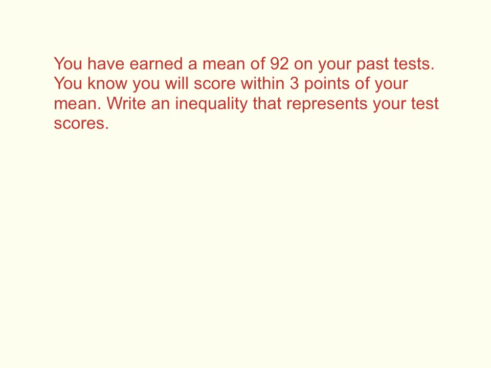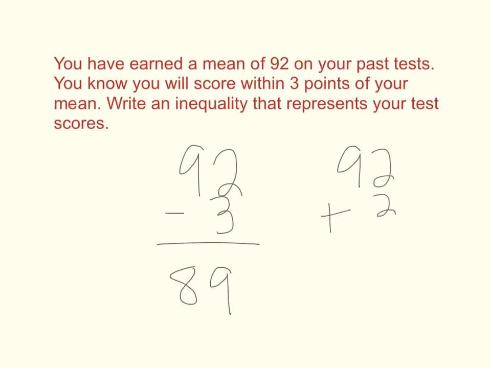You have earned a mean of 92 on your past tests. You know that you will score within 3 points of your mean. Write an inequality that represents your test scores. So we have a 92, and we know that we scored within 3 points of this. So I can score 3 points less, which would give me an 89, or I can score 3 points more, which will give me a 95.